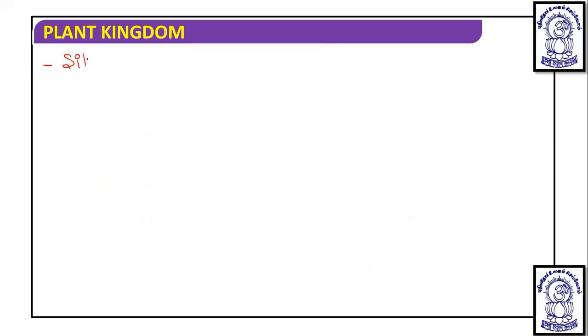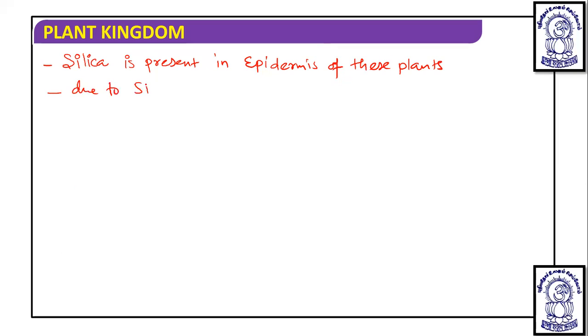And this silica is present in the epidermis of these plants, and due to the presence of silica, the plant surface becomes rough.